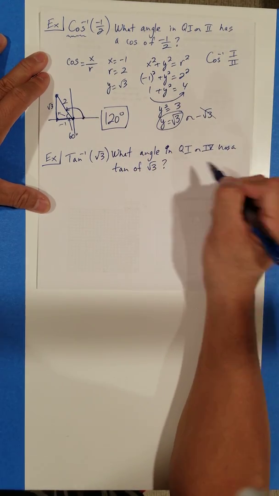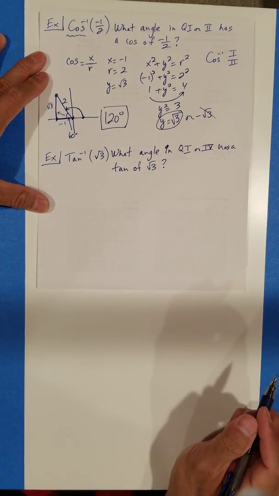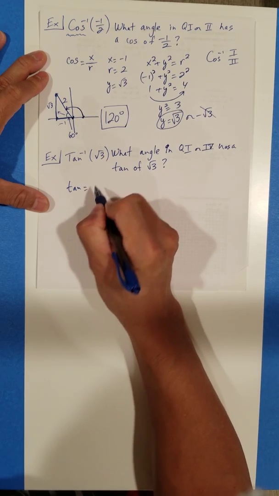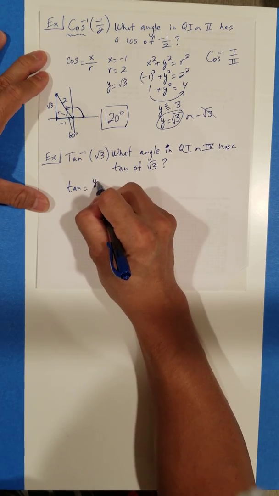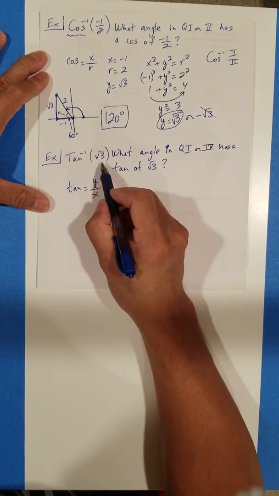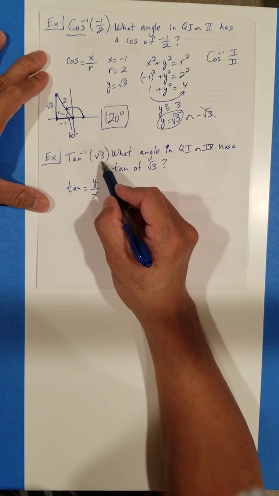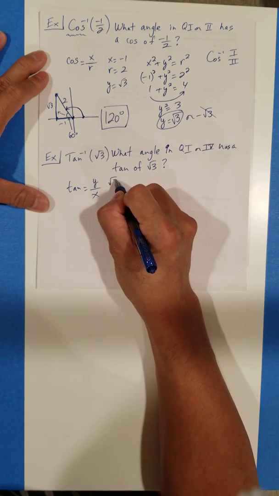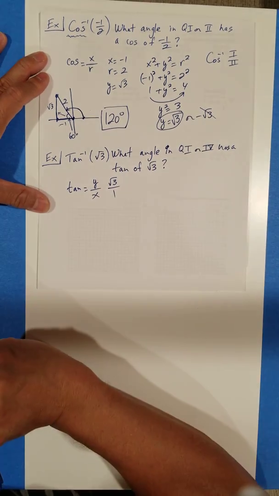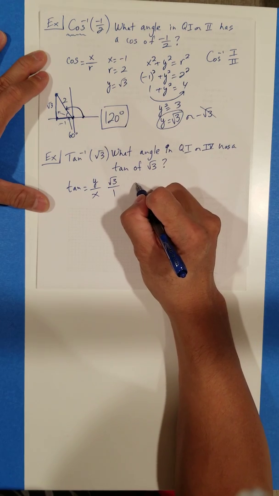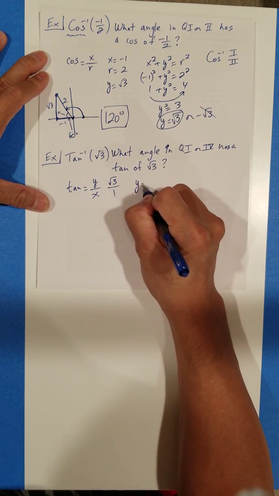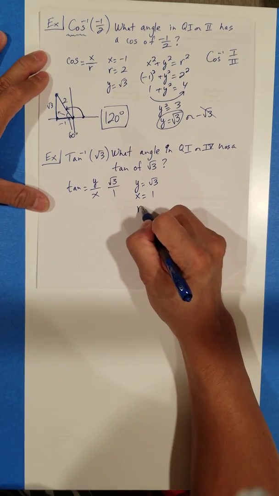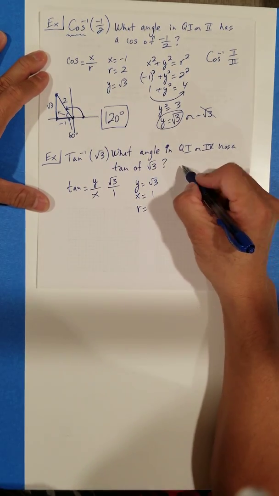That's the question. So now, if you remember, tangent is y over x. But it's a radical 3. How do you make that a fraction? You remember, radical 3 really is radical 3 over 1. So that tells you that y equals radical 3, x equals 1, and r is always positive, so you do the Pythagorean theorem.